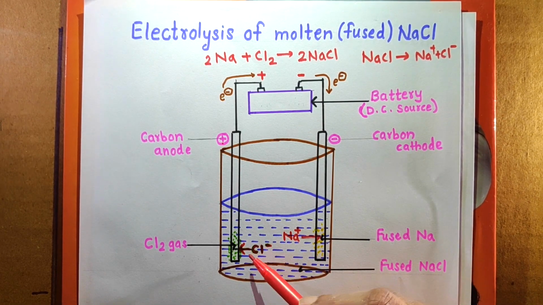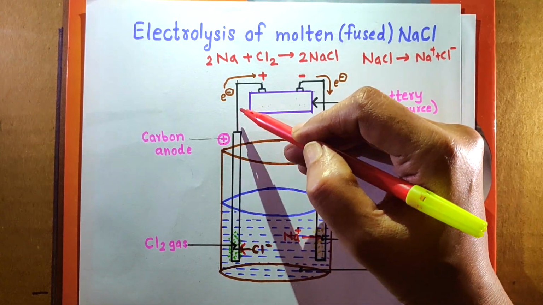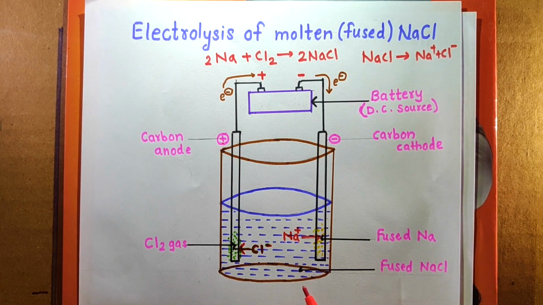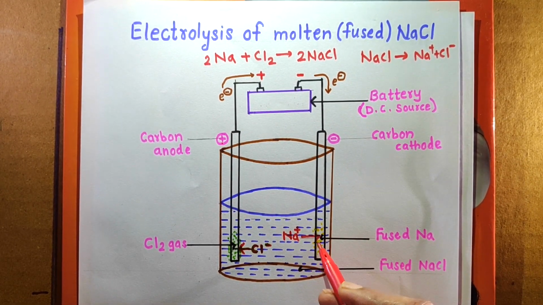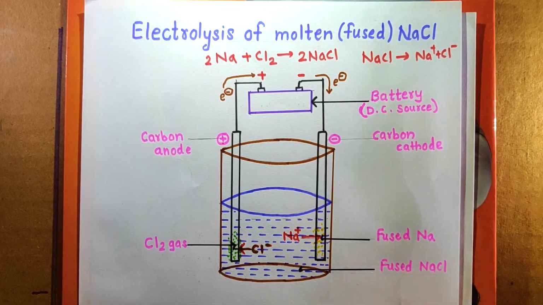Means the electrons pass from this positively charged electrode towards the negatively charged electrode. So what will happen here? These electrons are taken by Na+ ions which are present in this solution.